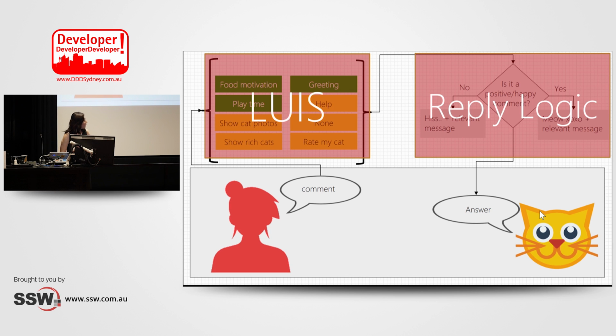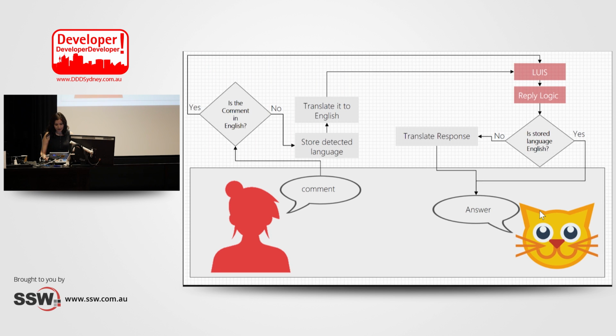So to make some room, I just collapsed the Luis and reply logic. Basically, when the user sends a message, I try to detect the language of the comment. After that, if it's not English, I store that language as the user preference, and I translate it to English and send it to Luis.